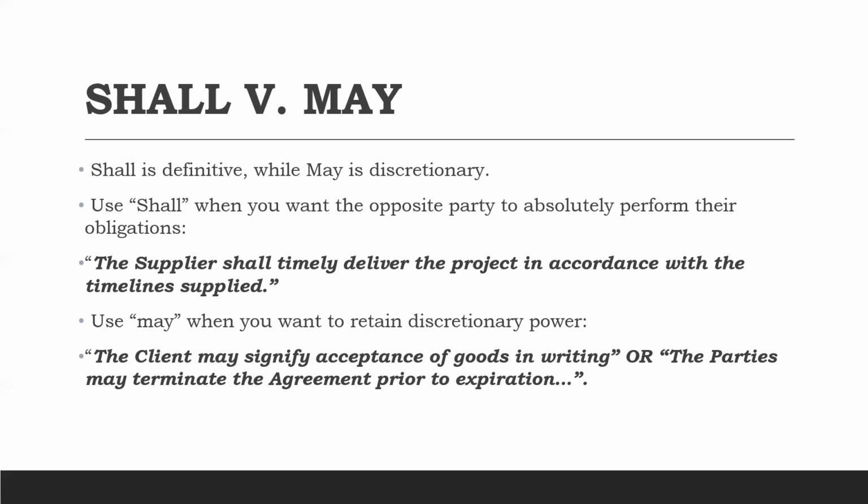Similarly, if you are representing the client and the contract says the client shall signify acceptance of goods in writing, now, it's a standard obligation which you can accept, but if your client has not agreed to signifying the acceptance of goods in writing, you can convert that into may signify. So that gives the client a leeway or a discretion.